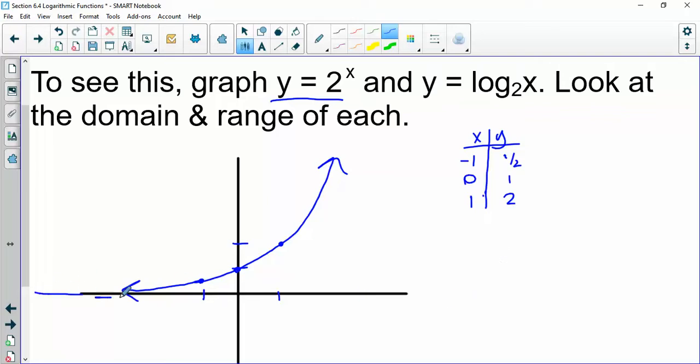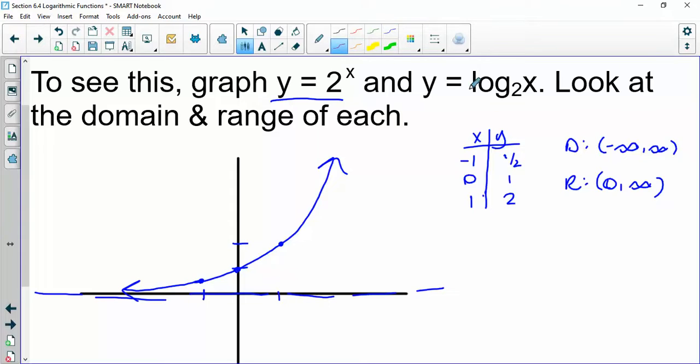Yes. This is a horizontal asymptote on the x-axis. If I ask, what is the domain of that? What is the range? So that we have done before.